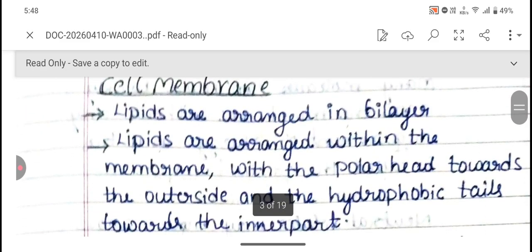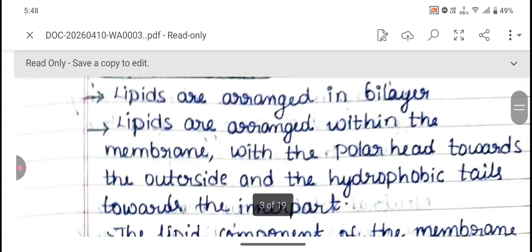If you see the composition of the cell membrane, the lipids are arranged in bilayers, with the polar heads towards the outer side and the hydrophobic tails towards the inner part.